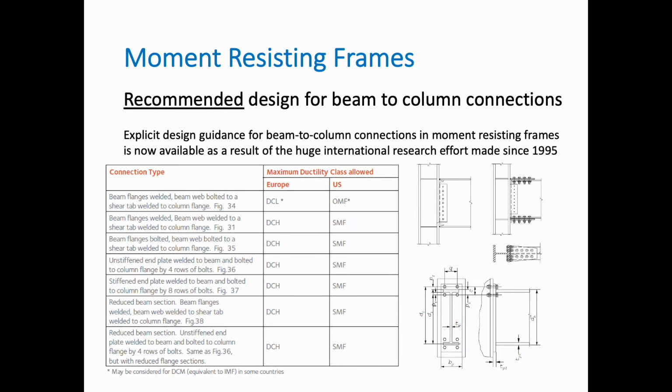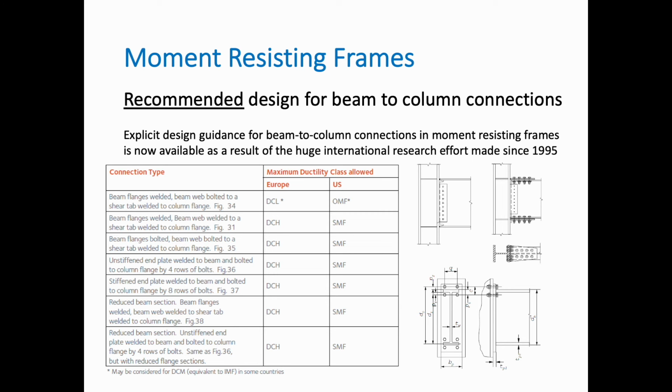Explicit design guidance for beam-to-column connections in moment-resisting frames is available as a result of the huge international research effort made since 1995, which is when the Kobe earthquake happened, and in combination with the 1994 Northridge earthquake in the US, a lot has changed since then.